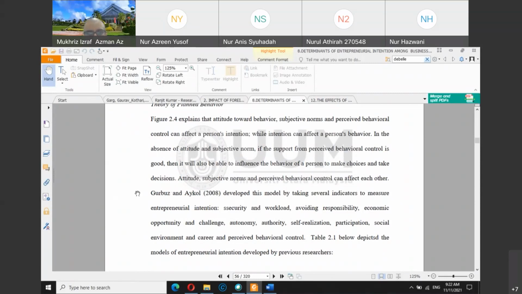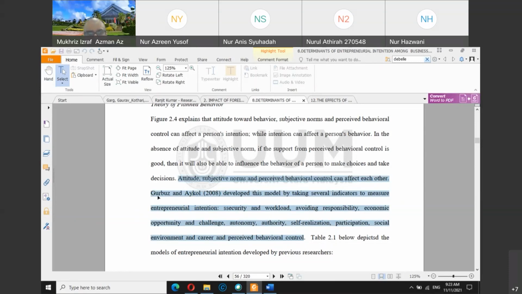Okay, but if you want to change this style, you want to put Guru Bose and Ecole 2008 at the end of the sentence, meaning that this appears in the last part here. For example, this sentence is quite long, from here until here. So the whole sentence here is about referring to Guru Bose and Ecole.